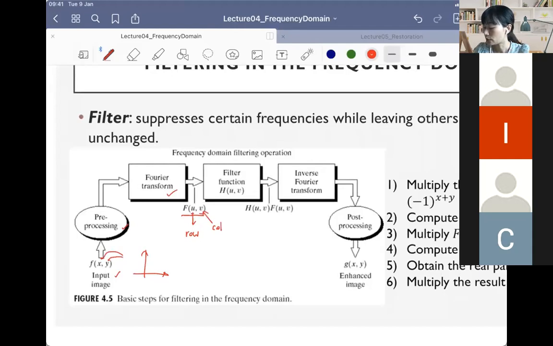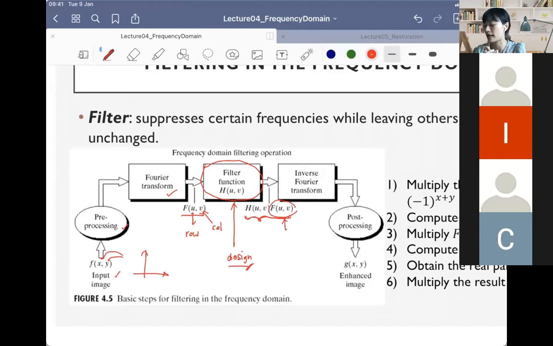So then we'll pass a filter. This filter, we can decide whatever we want, and we're going to talk about the many types of filter that we can decide. What you do is apply the decided filter, multiplying it with the Fourier transform of the original image.